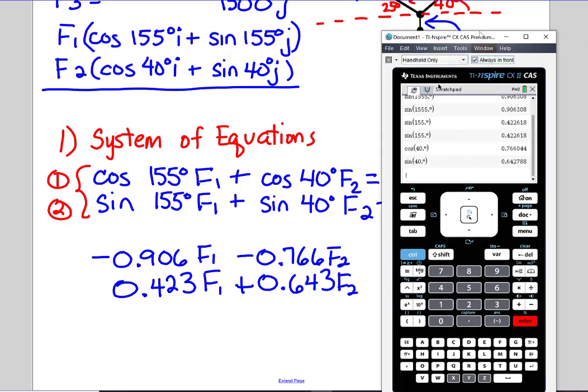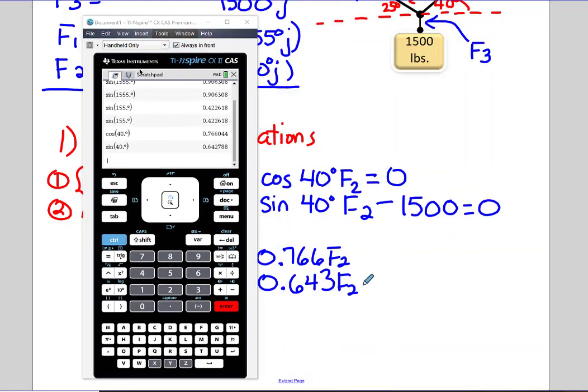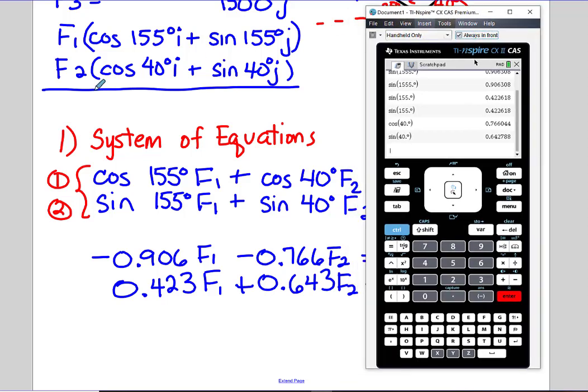And then minus 1500 equals 0. And then this one equals 0. So we have the same two equations again. This top one is still equation 1, and the bottom one is still equation 2.